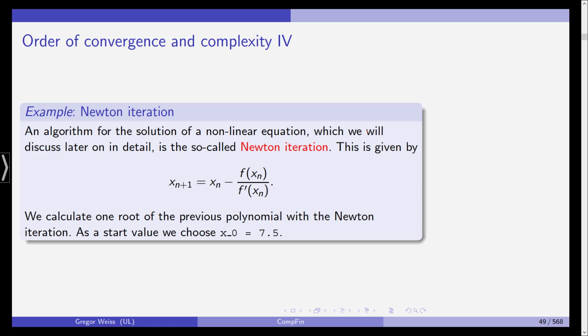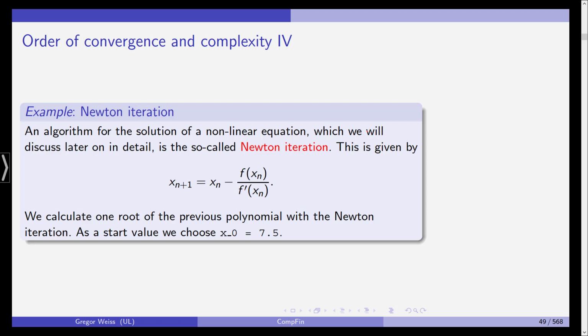A simple example for the convergence is the Newton iteration. The Newton iteration is an algorithm for the solution of a nonlinear equation, and the iteration is given by xn plus 1 equals xn minus f of xn divided by the first derivative of f at xn.